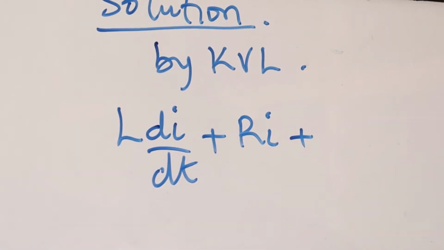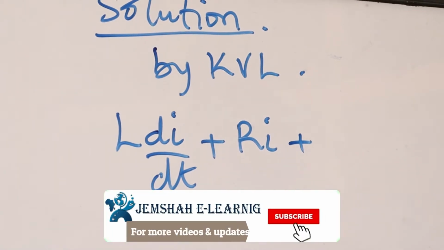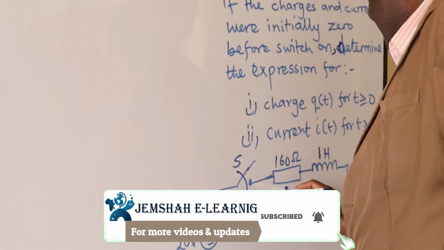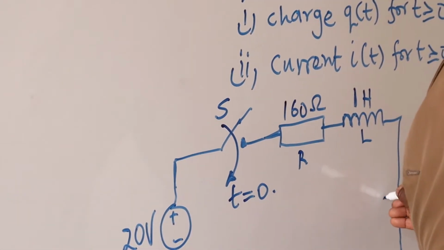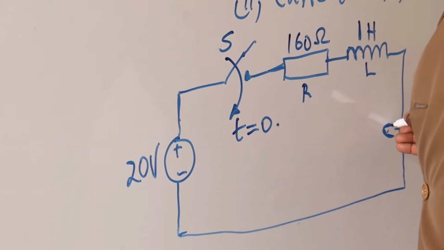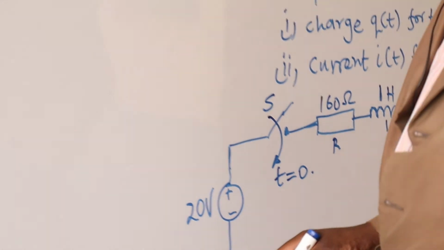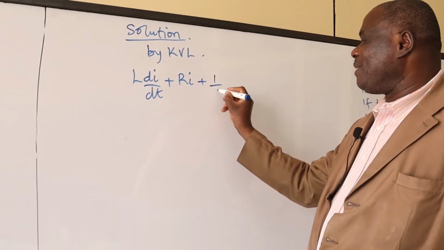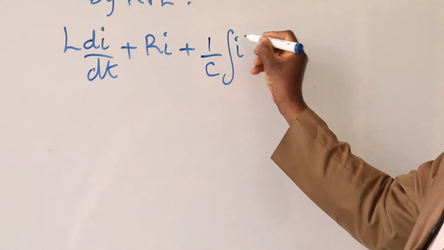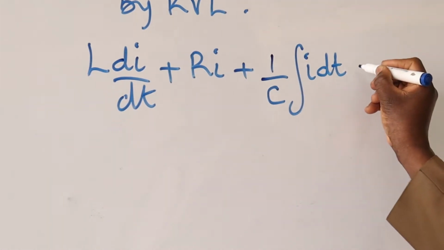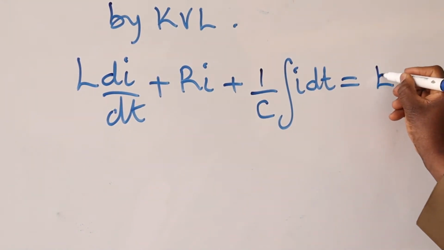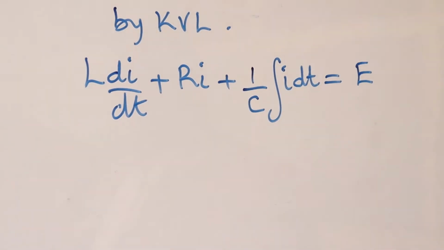And drop across a capacitor. Remember, this is R, this is L, and that is our C. Now, drop across a capacitor is given by 1 over C, the integral of I dt. And this one now should be equated to E, the voltage that we have.